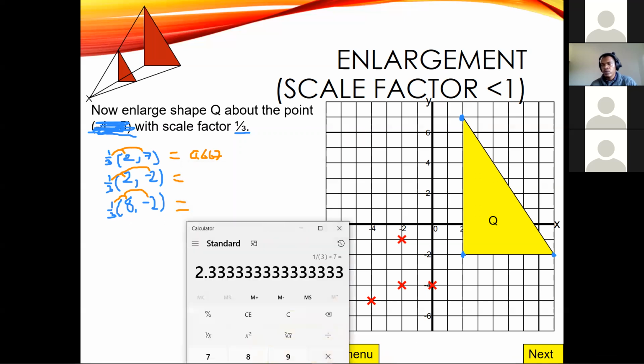And that will give us 2.33. Okay. And the other one will still be the same, 0.667, and then we will get another one, minus 0.667, and then we will get more.